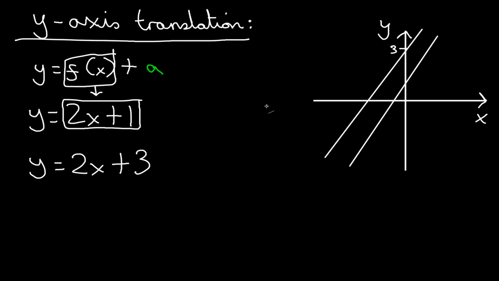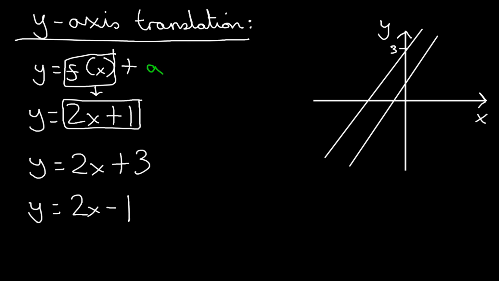Now, in the same way, we can take units away from this as well. A can be positive or negative. So we could say y is equal to 2x, let's say a is equal to negative 2. So negative 2 plus 1 is minus 1.